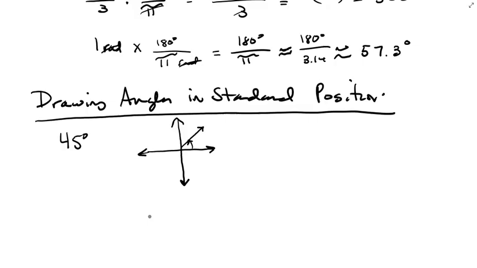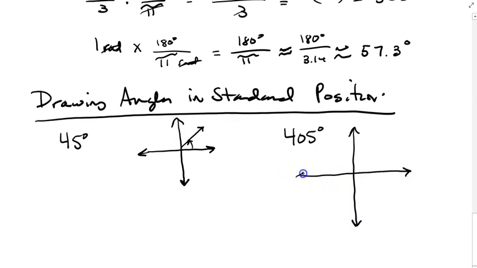Well, what if I did 405 degrees in standard position? Again, there's our initial side. To do 405 degrees, that means you first have to make a full 360 degree rotation.